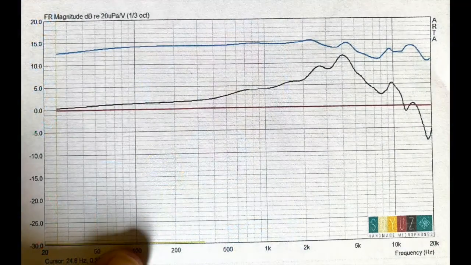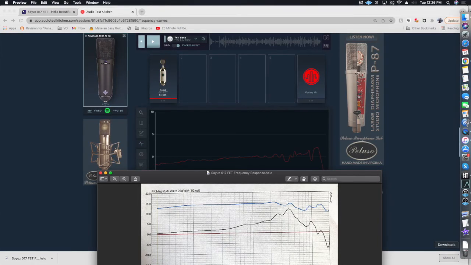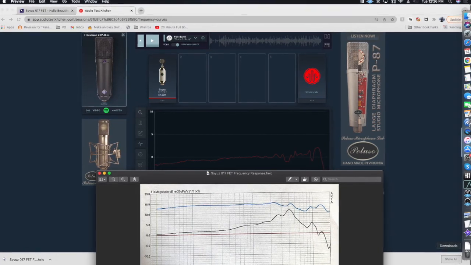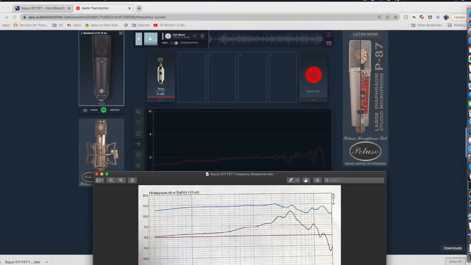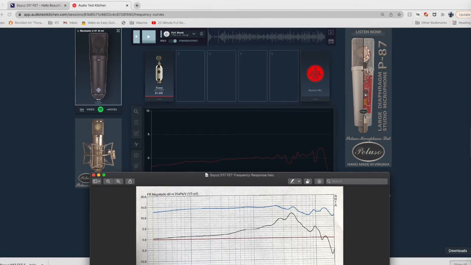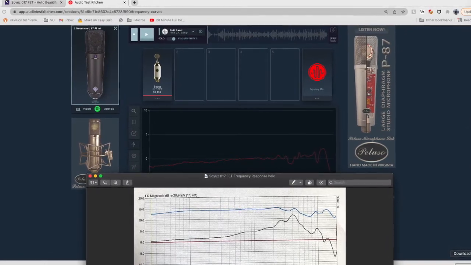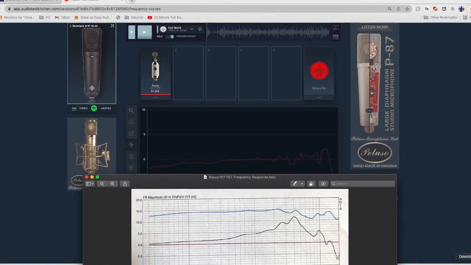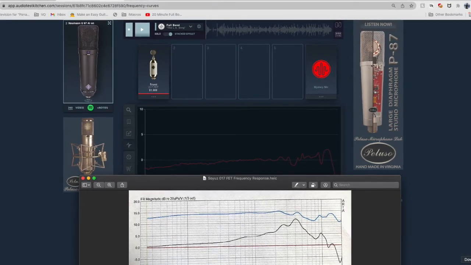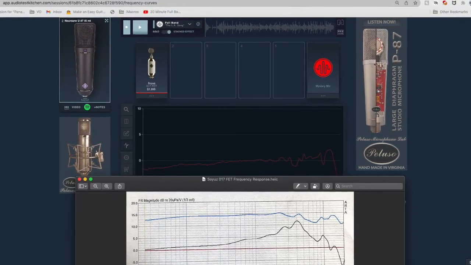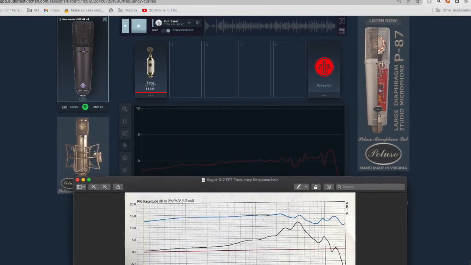So I dug mine up and compared it with the Audio Test Kitchen frequency response plot. It's vastly different, especially since there's a lot of energy that ATK claims is up around 14, which I don't know is really there, to tell you the truth.